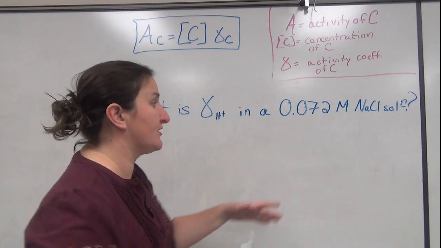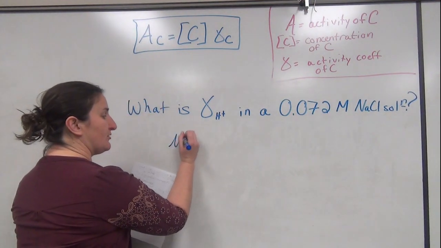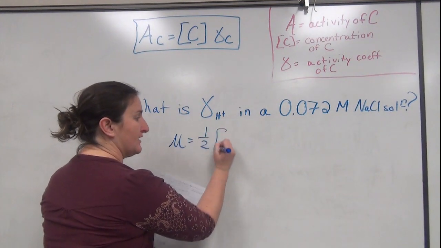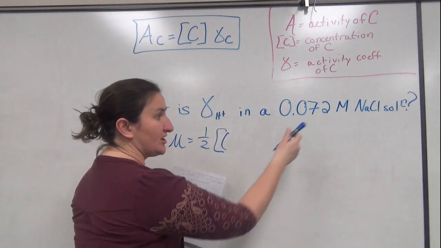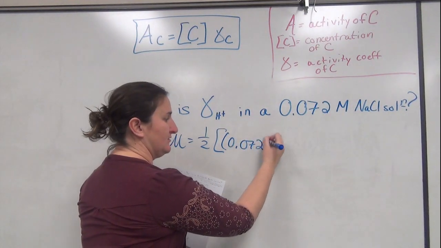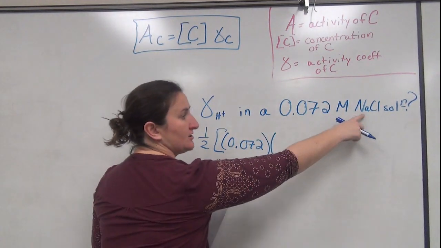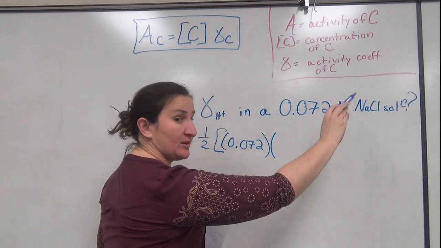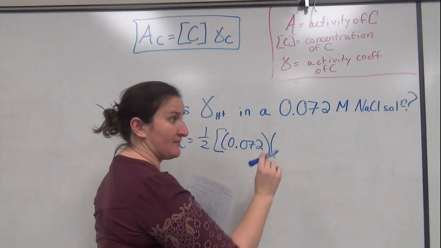For this solution, remember your mu is 1/2 times the concentration of sodium, in this case 0.072, times the charge of sodium. Remember, sodium is 1-to-1 with sodium chloride, same for chloride.